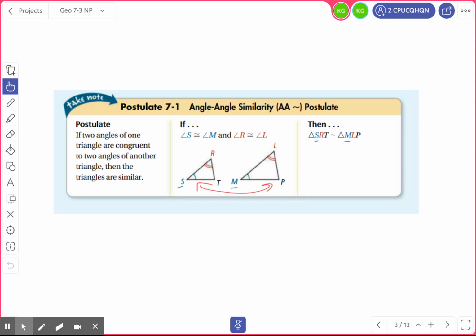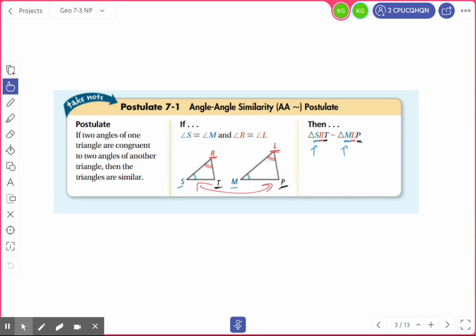S and M are corresponding angles, so when you write your similarity statement, they have to both go first, or second, or third, but they have to be in the same position. These red angles are congruent. They're corresponding angles, so they also have to go in corresponding positions when you write your proof, and same with these black angles. So corresponding angles go into corresponding positions.